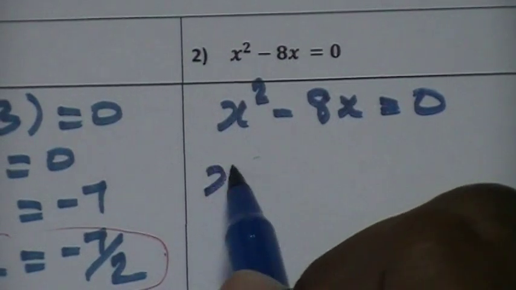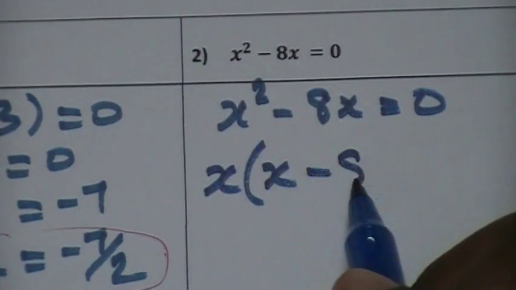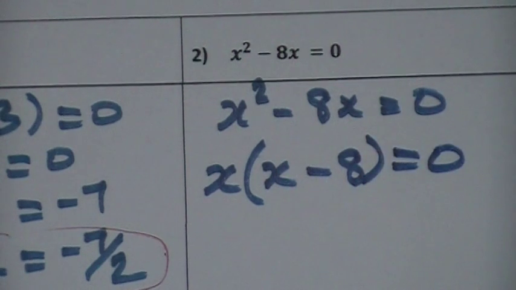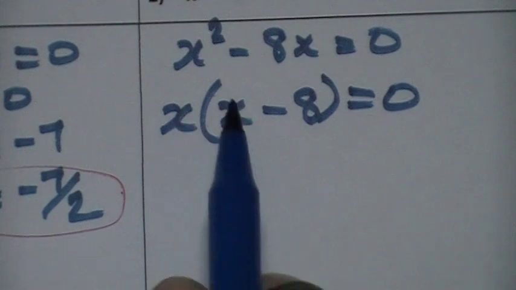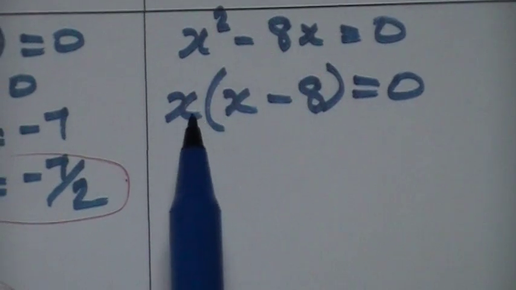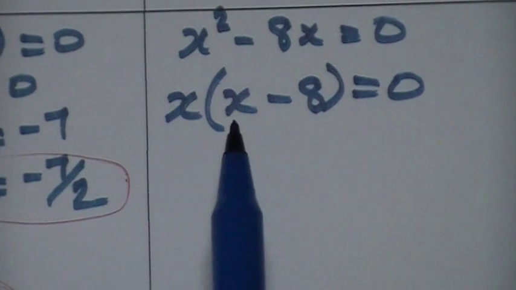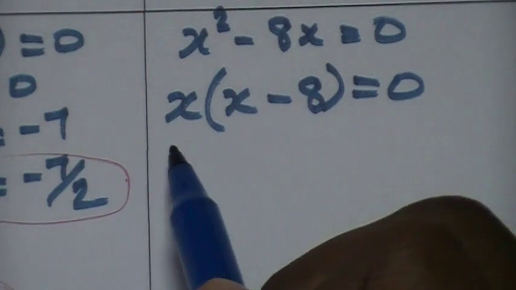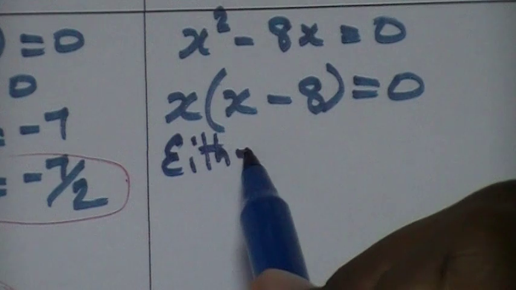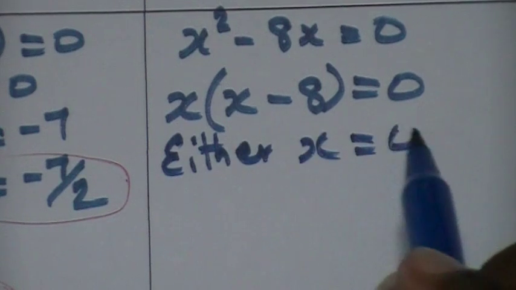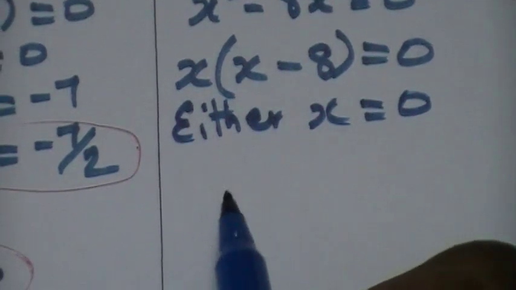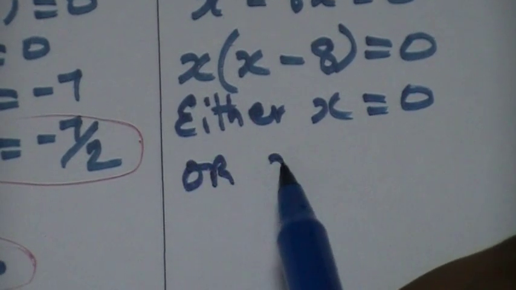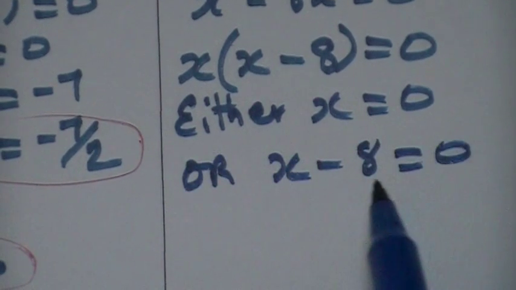Common factor there is x. Okay, now we have two factors here, a term and a binomial. We multiply them, we get 0, so one of them must be 0. We're not certain, so we're going to write either x is equal to 0, which is this one, or the next one, which is x minus 8 equals 0.